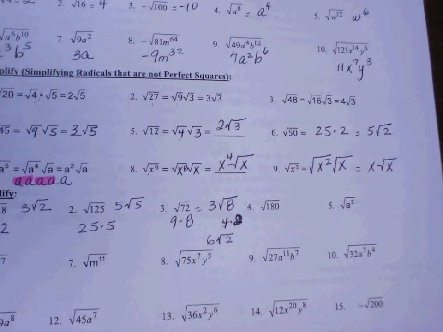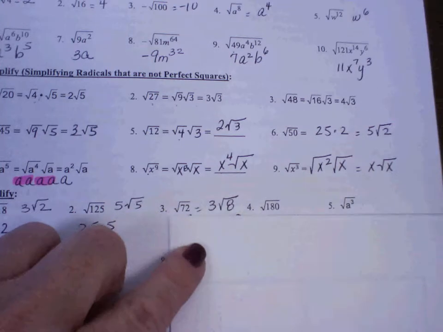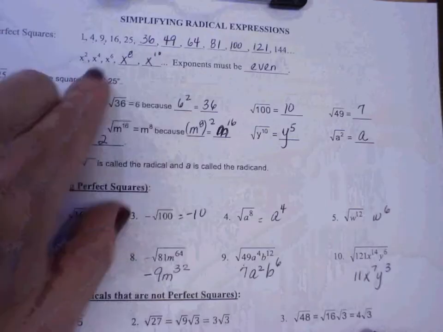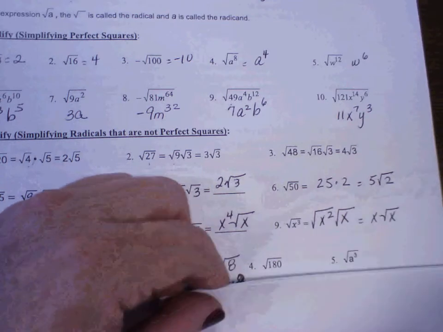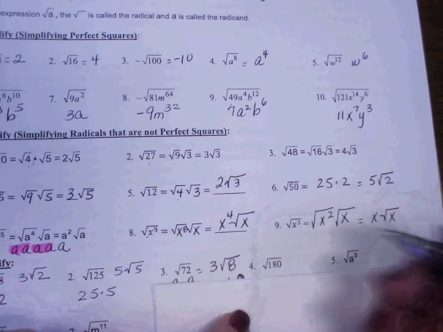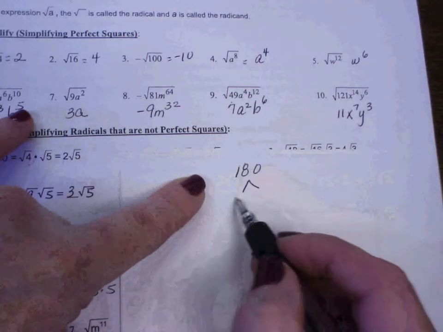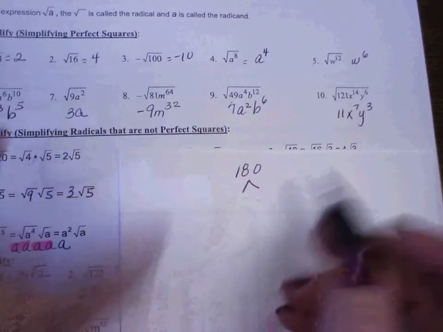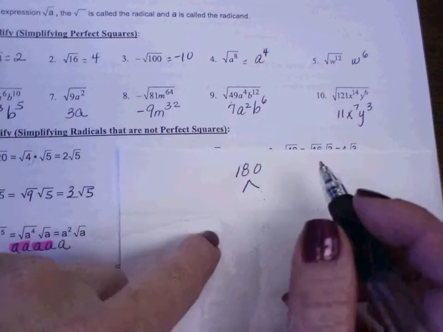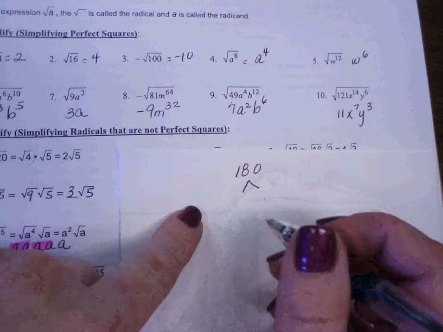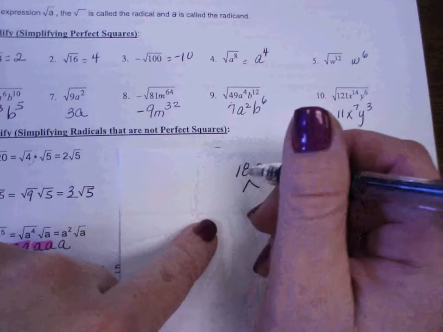All right, 180. 90, but is 90 a perfect square? Start dividing it by perfect squares. You have a calculator. And if not, do the diagram. 60 is not a perfect square, right? Is 45?